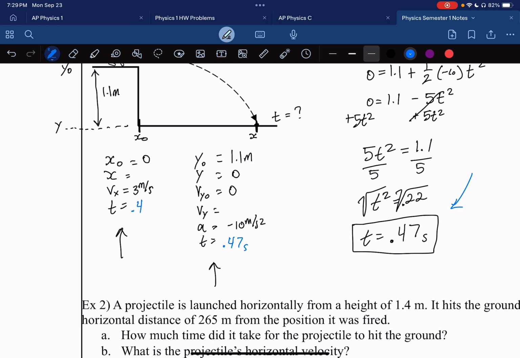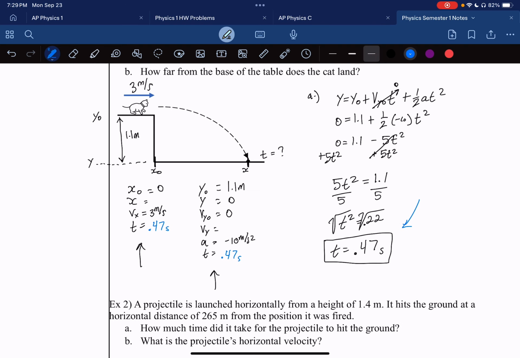And the times are the same. The time it takes for the cat to travel vertically from that distance y naught to that height y is the same time it takes for the cat to go from x naught to x. So t is the same for both lists.